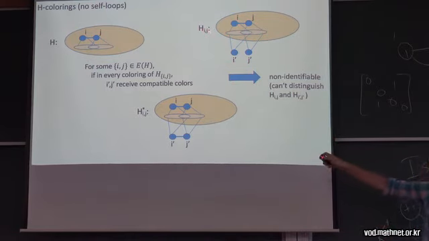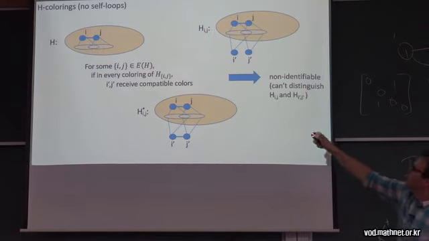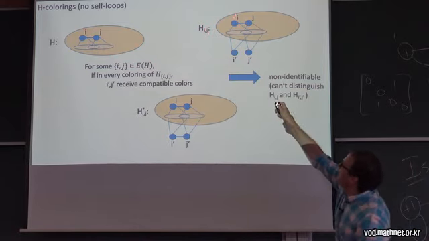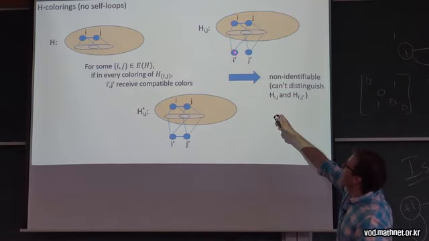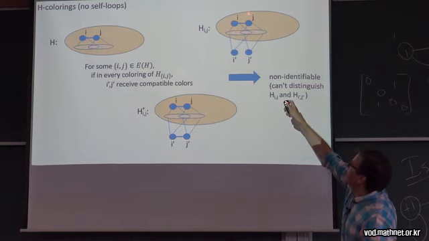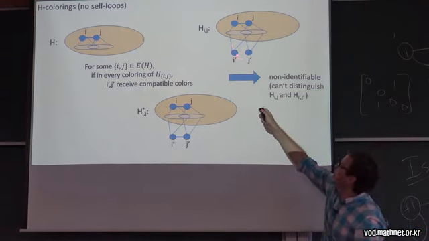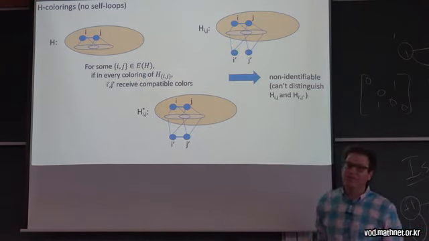I'm going to do this for every edge in H. What does this graph do? I want to know whether the edge Ij is necessary or not. So I make a copy of I, called I prime, with the same neighbors, and a copy of J, called J prime, with the same neighbors, except I don't connect I prime and J prime together.